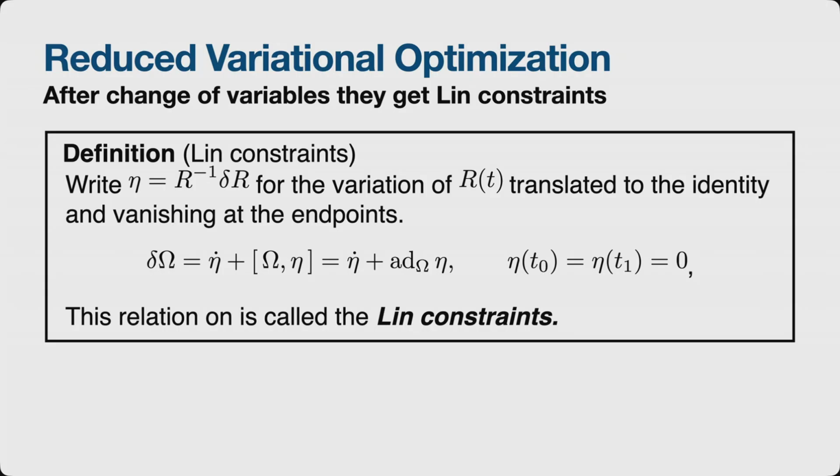So it's no longer just delta omega is eta dot. That's sort of like before, where we saw this as delta q dot. But it gets a new term, namely this small ad operator that is a Lie bracket. It kind of needs to measure how much the reduced variation commutes with the infinitesimal reduced variations. And this is formally called Lin constraints, and we can go over this more in detail on how it's proved over the coffee break or the lunch break.